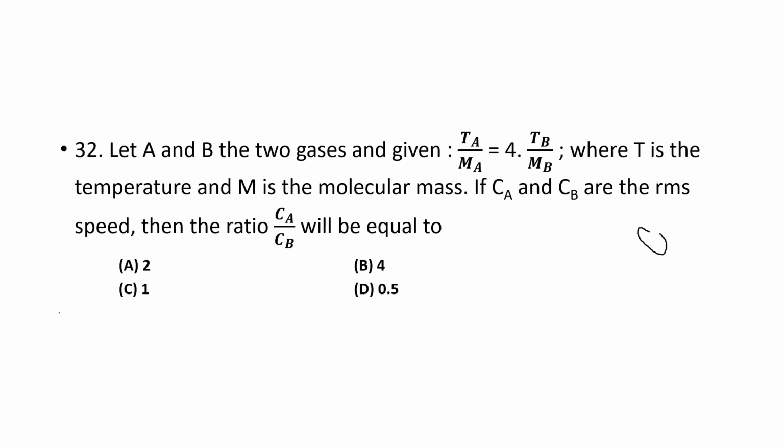We need to take the RMS speed equation, that is given by V RMS is equal to the square root of 3RT divided by M. Therefore, we can write Ca divided by Cb is equal to the square root of... If I take the ratio, 3R will get cancelled.